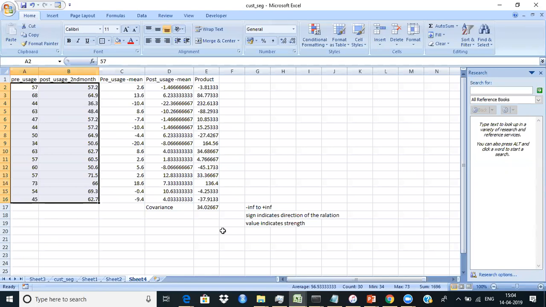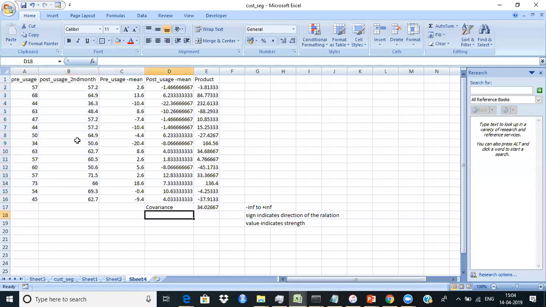So we need to bind this between a finite range. In order to bind this, we divide covariance by the standard deviation of this variable and the standard deviation of this variable.